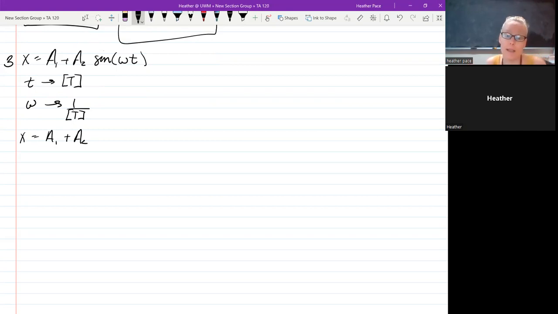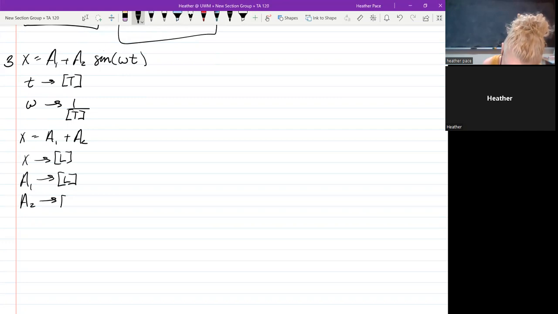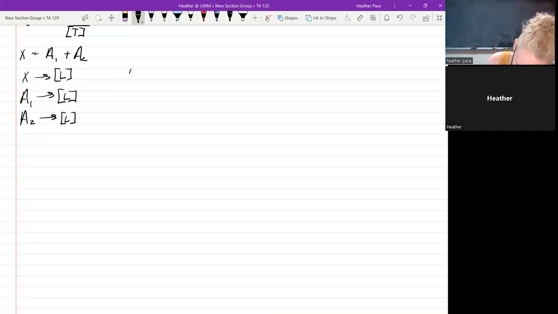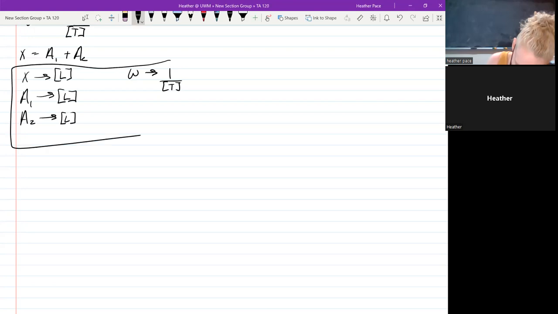So A1 is going to have to equal A2 is going to have to equal X. So we know that X is a measurement of length. So then A1 must be length, and A2 then must also be length. So what we get is omega goes to 1 over T. And there's our answer.